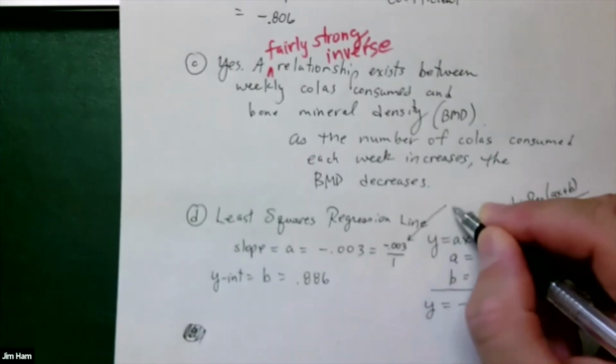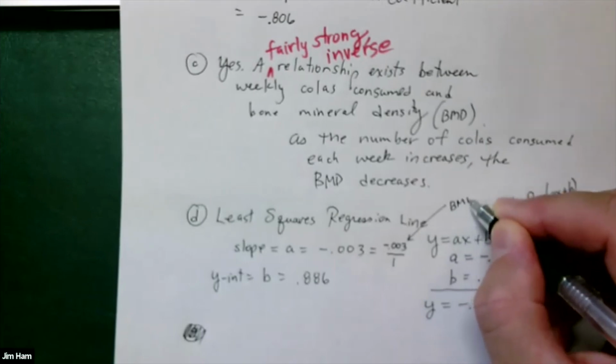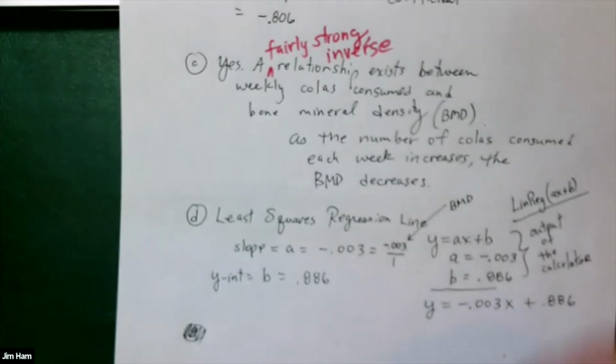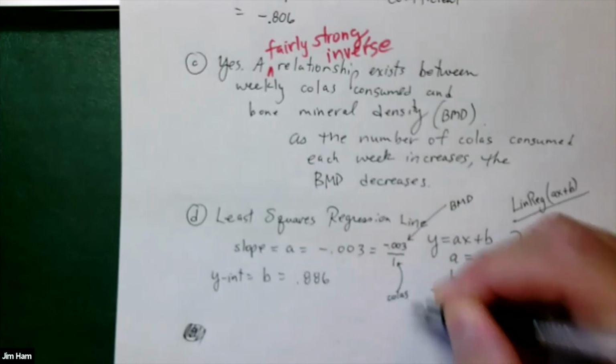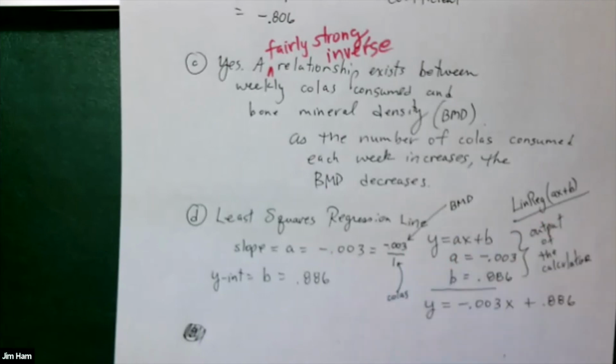The y value corresponds to the bone mineral density, and the x value corresponds to the colas consumed. So when you're interpreting the slope, you want to use the number negative 0.003, but you also want to mention the 2 variables used to calculate the slope.